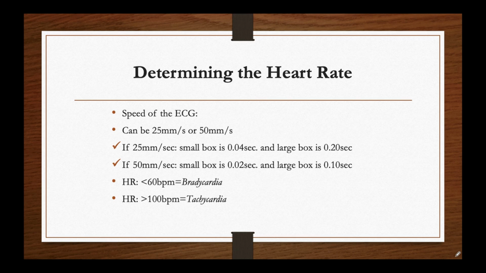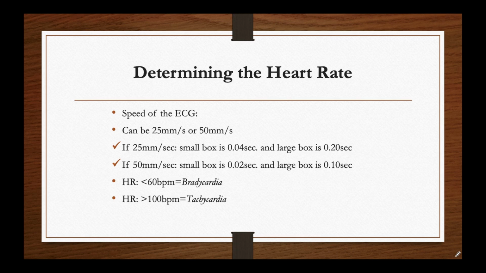Likewise, if the speed is 50 millimeters per second, then it will take 0.02 seconds to get one small box, and 0.10 seconds to get one big box. I will explain more about this as we go forward.